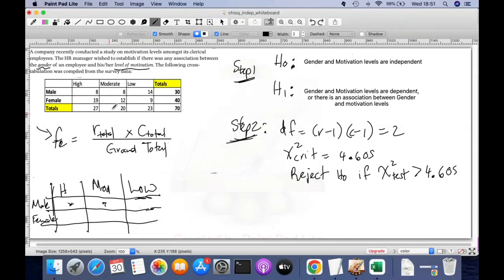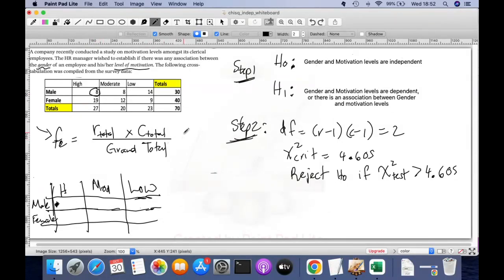That is using this formula here. So let's do the first one. When I show you the first one, you're going to see it's pretty easy to do the rest of it. Let's look at males that are highly motivated, this block here, from our observed data.